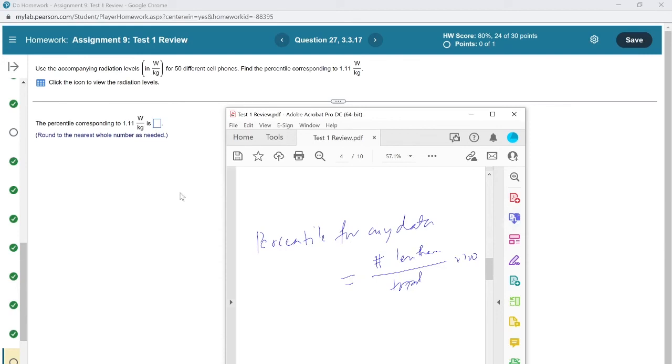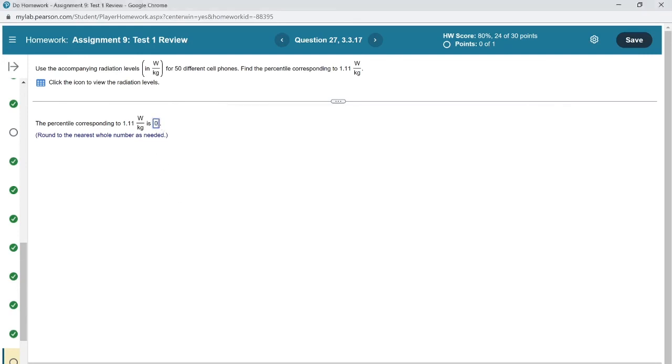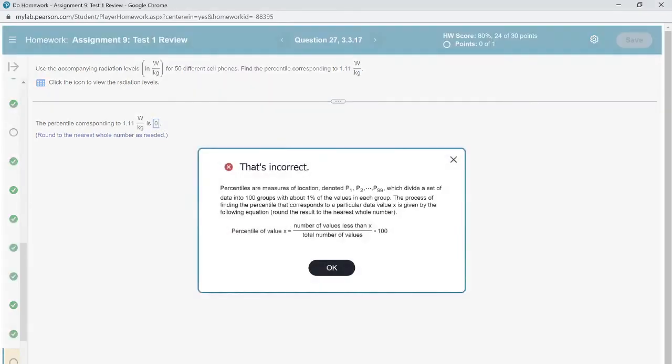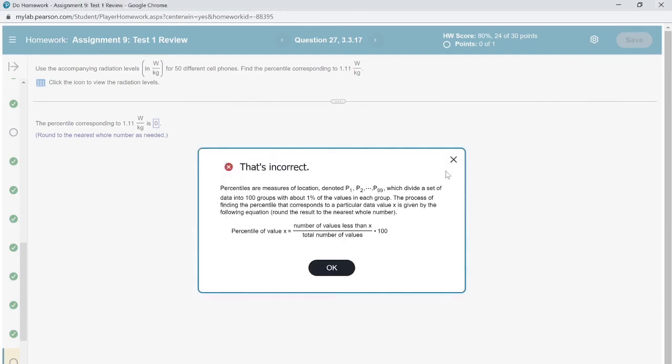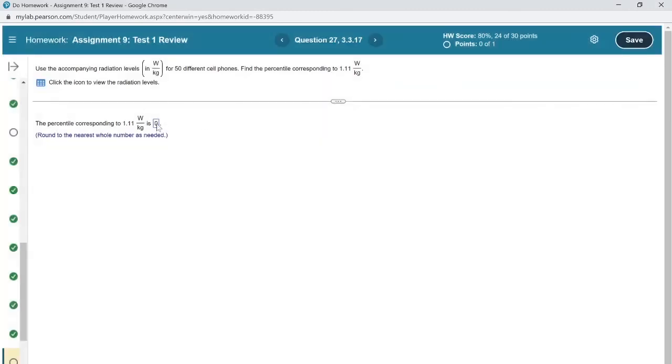I think this is the right formula, otherwise I can check by giving a wrong answer here. It gives me the formula: number of values less than the data value divided by the total number of values times 100. Yeah, so that's right. By using this formula, we can find the percentile.